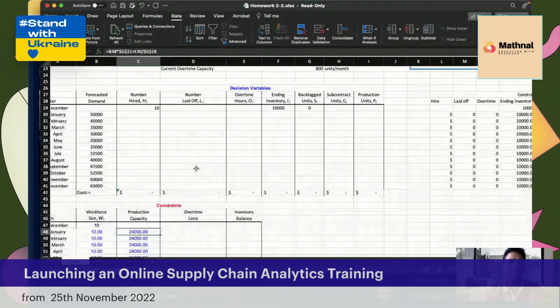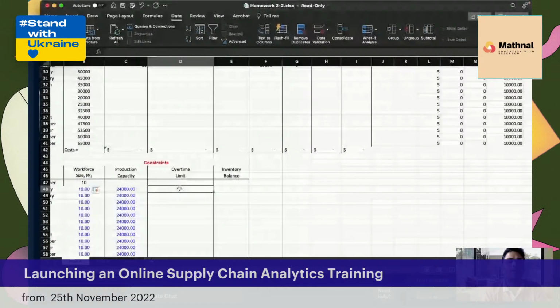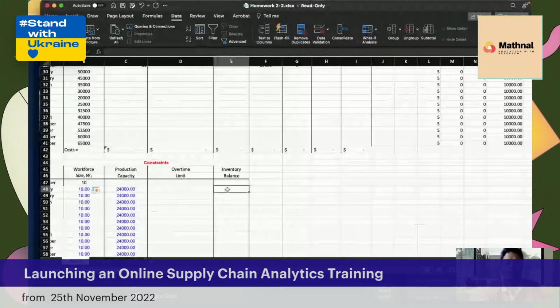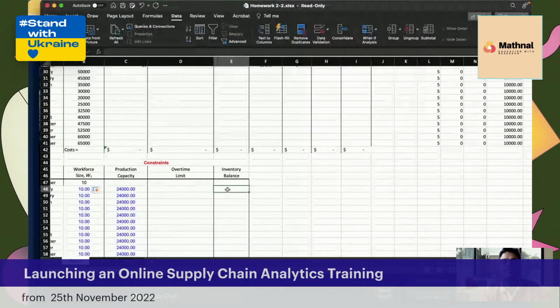Right? Now we're going to calculate our overhead and inventory balance. So let's first see inventory balance. What is inventory balance? Inventory balance means the net inventory balance after in and out. Right? The net inventory balance after in and out.